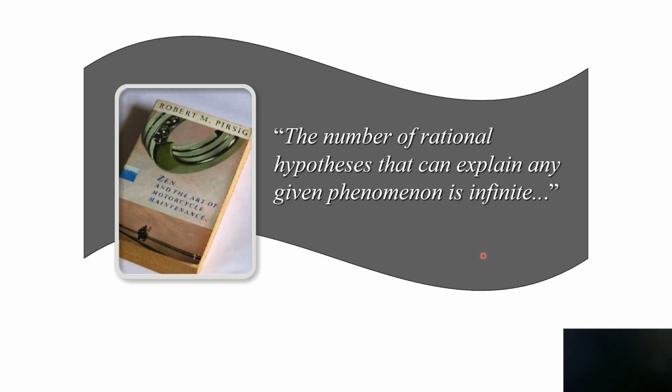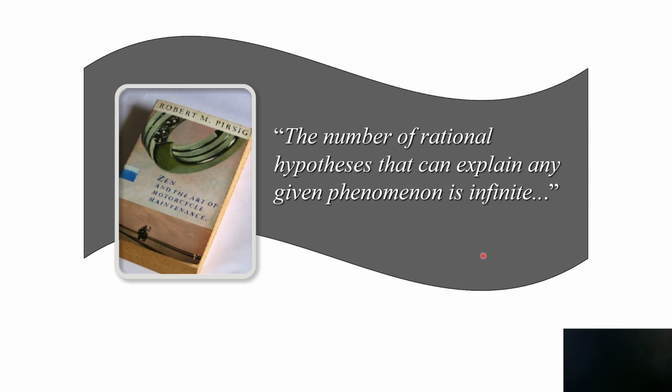Well, that's a little obtuse, so let's talk about it in the context of phenomena that you're familiar with. We know that there's lots of empirical evidence that global temperatures are increasing, right? So global climate change, or global warming, if you really want to simplify it. So why is that? Just think of all the different hypotheses you could come up with to explain the phenomenon, the increase in temperature.